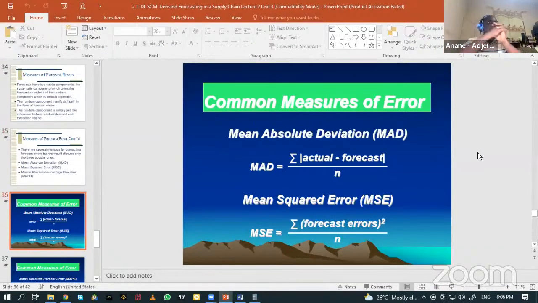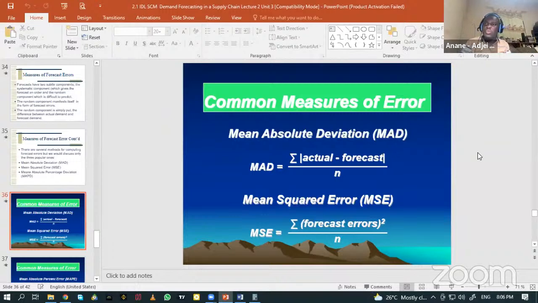So what we are saying is that every forecast that we do is always wrong. Because forecast is always wrong, there is a margin of error, a difference between the actual that we are going to get and the forecasted figure.